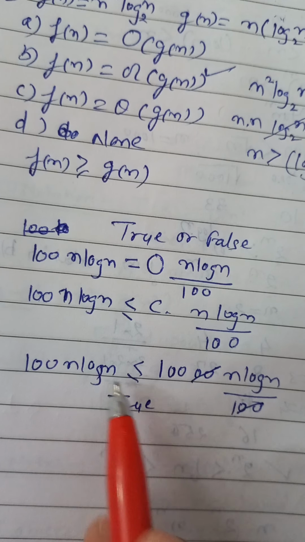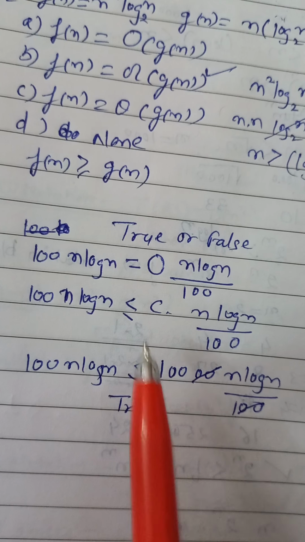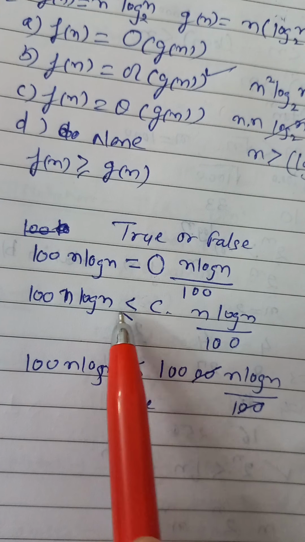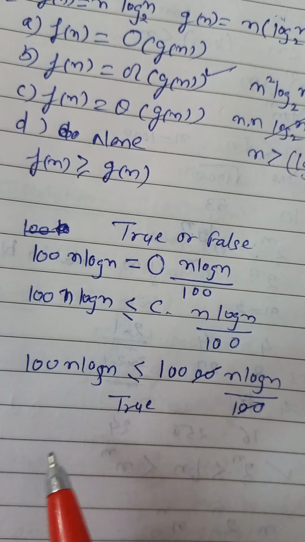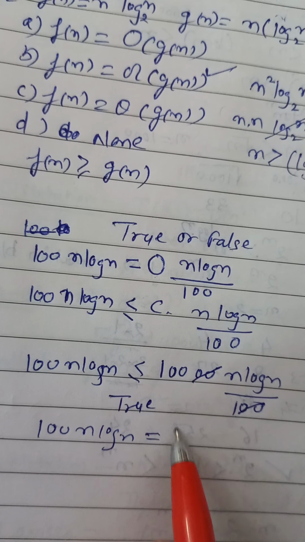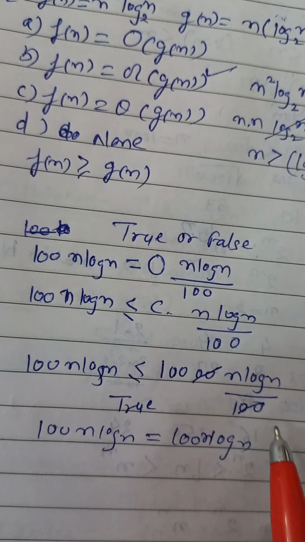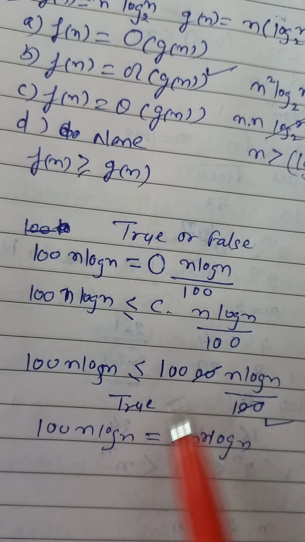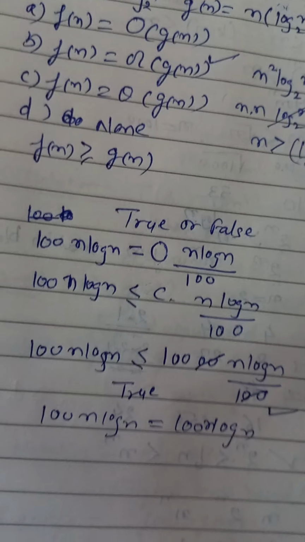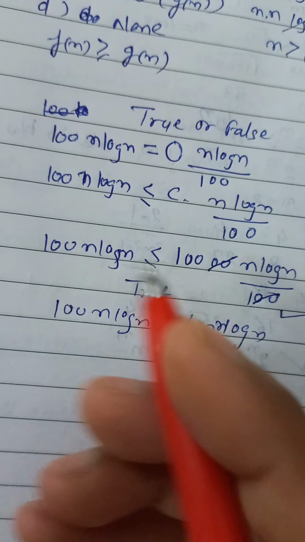Here 100 n log n, and here 100 n log n. So both are the same. We have two conditions in big O: either it will be less than or equal to. So here the equals-to condition holds. By putting the C value 10,000, we can see that this is true. Now move to the next example.